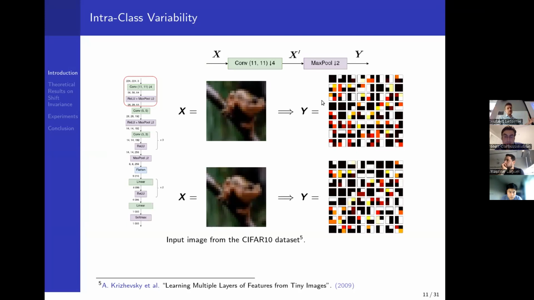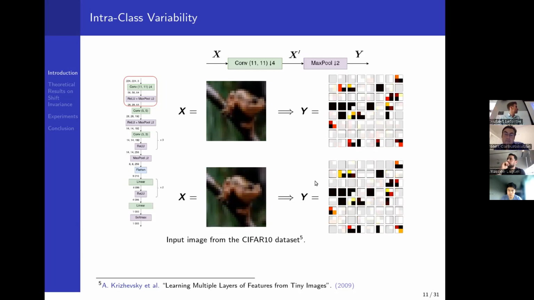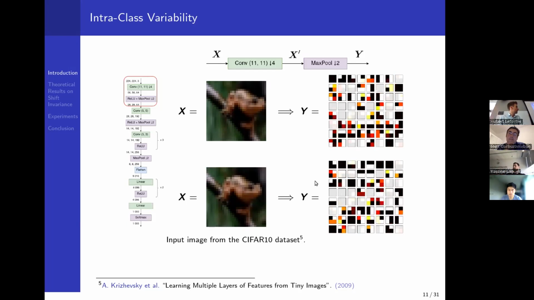Those two images are slightly shifted with respect to each other, but you can agree that they should be classified as the same label. And yet the outputs are not exactly the same. Some output channels are similar, that's true, but many others are quite different, despite such a small shift.